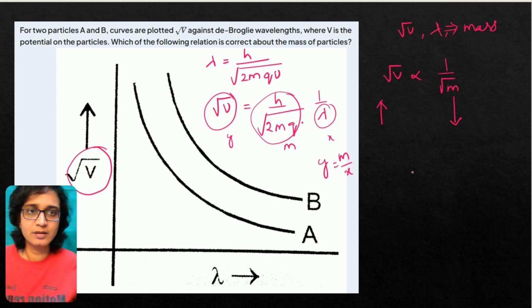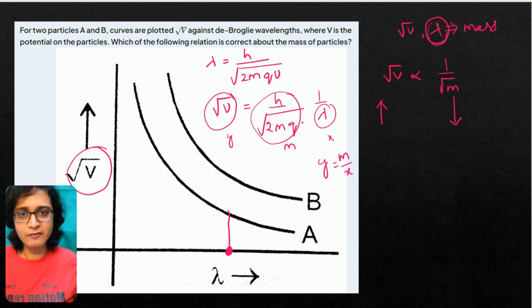So keep lambda constant. Keep lambda constant means take a fixed point, and take the same fixed point at A and at B. Now I'm keeping lambda constant.